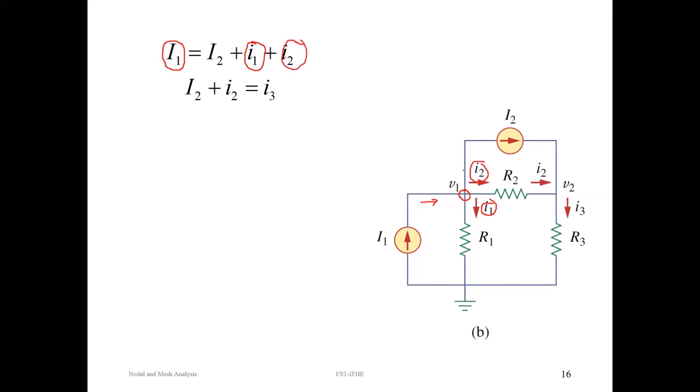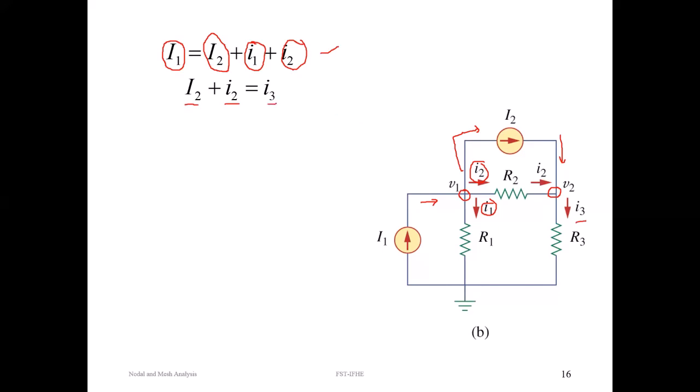And one more current is going outside, don't forget this capital I2. This is at node 1. So let us apply KCL at node 2. The incoming current at node 2 is small i2, and another incoming current from the current source, capital I2, which is equal to the total outgoing current i3.